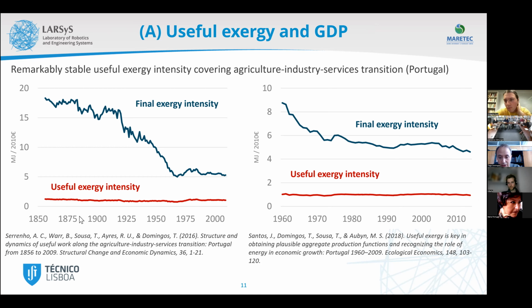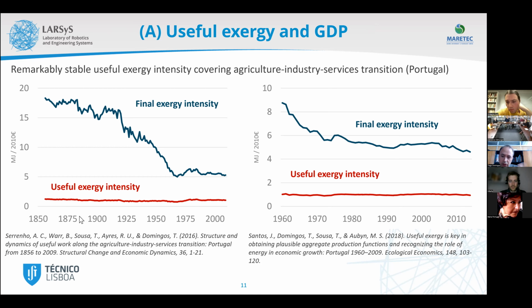But then if you look at the red line below, where I'm dividing the useful exergy, which is the sum of the light coming out of the lamps for a whole economy, the mechanical work coming out of the engines, and the cold air coming out of the air conditioners, by GDP, I find a remarkable result.